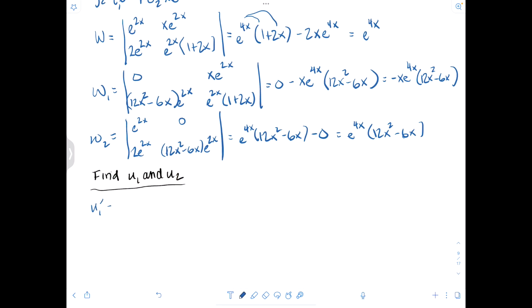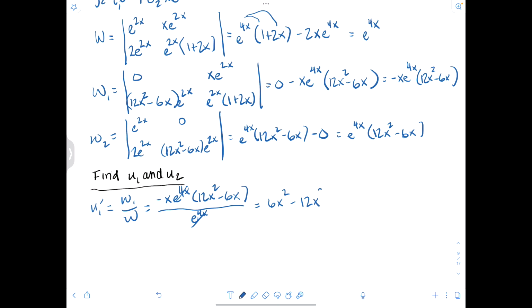remember that u1 prime is w1 over w, which is going to be negative x e to the 4x times 12x squared minus 6x all over e to the 4x. So the e to the 4x's divide out, and when you multiply it through and swap the sign, it'll be 6x squared minus 12x cubed.